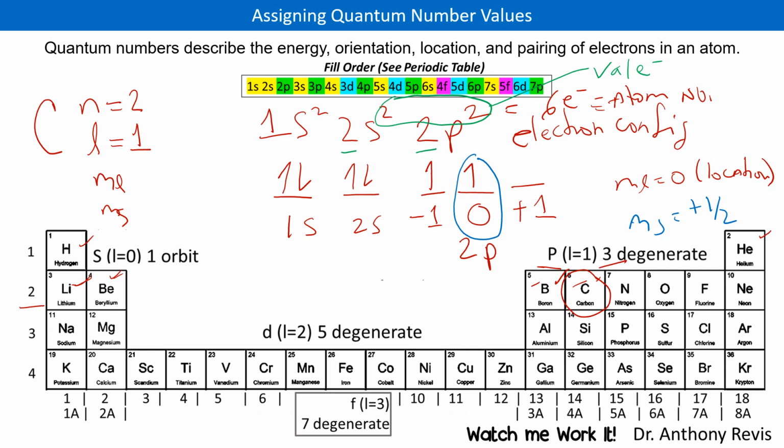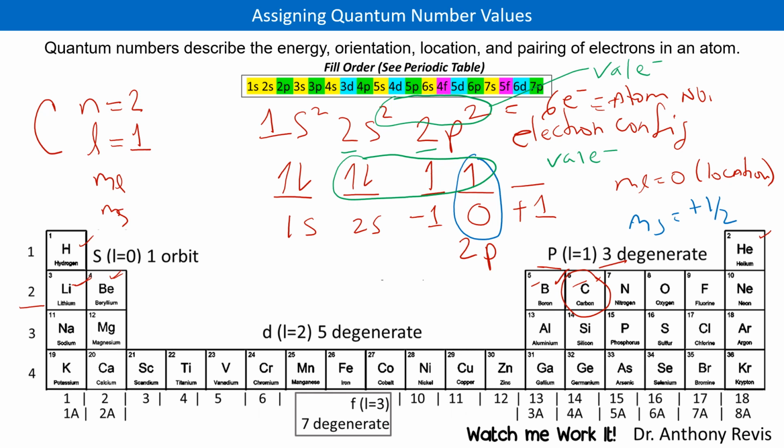Note from this, you can also determine the number of valence electrons from here as well. We can ring these, and we see those are also our valence electrons. And so this would be our electronic configuration diagram for carbon, and from this we can get our MS +1/2 and ML equals 0. All right?